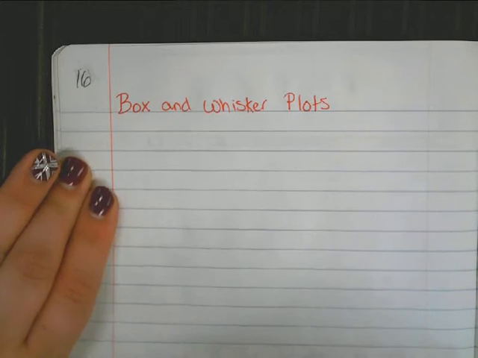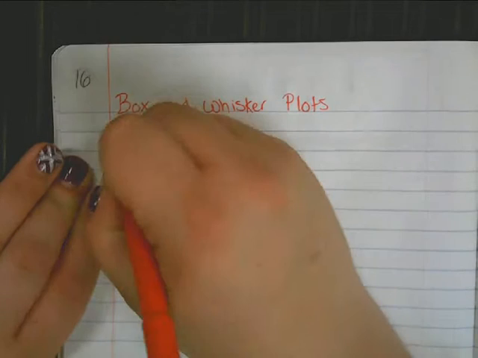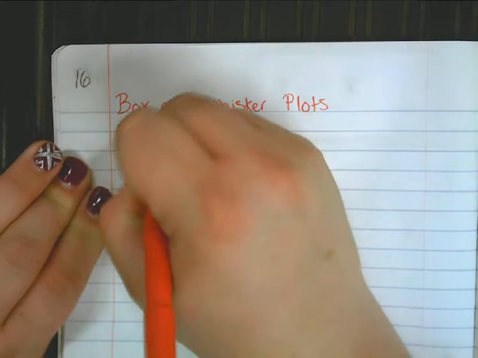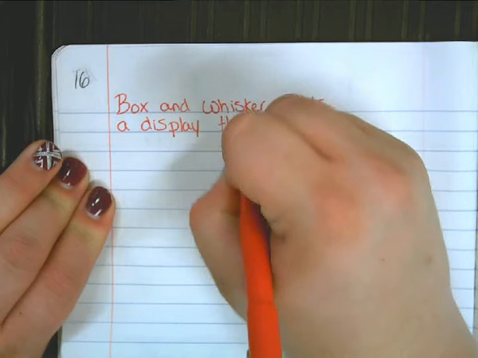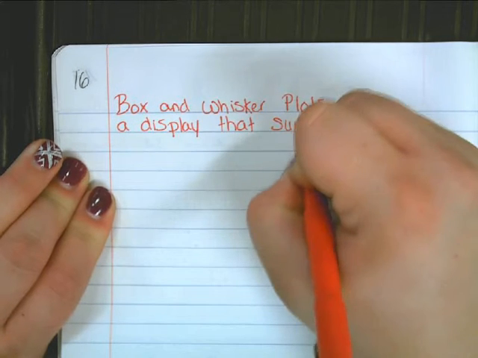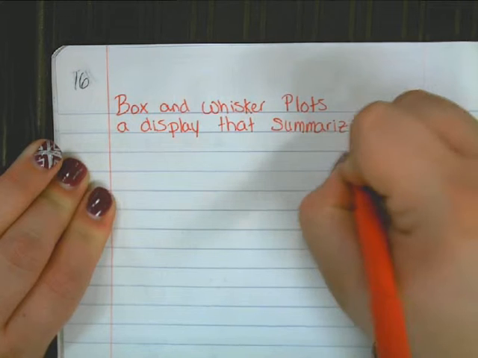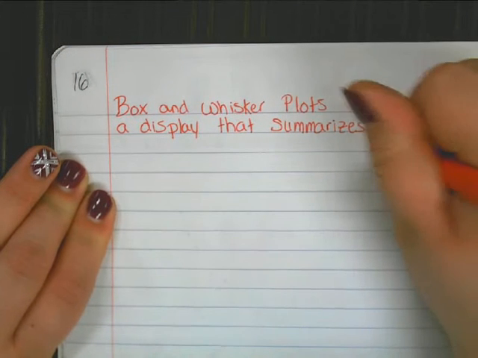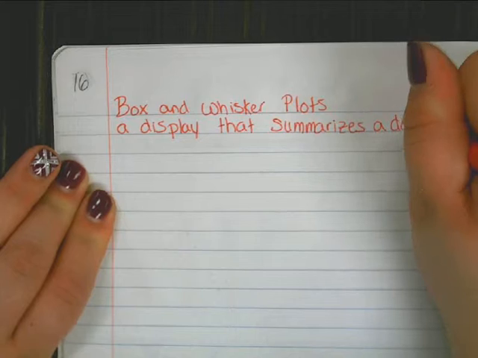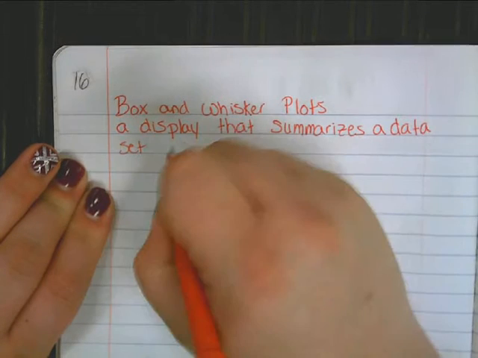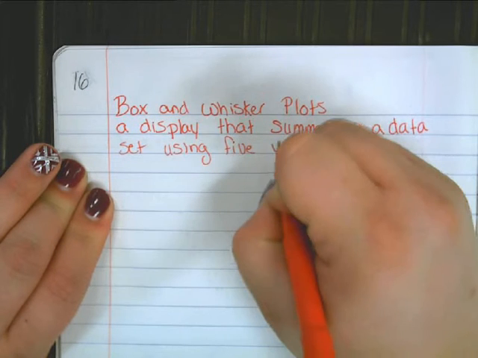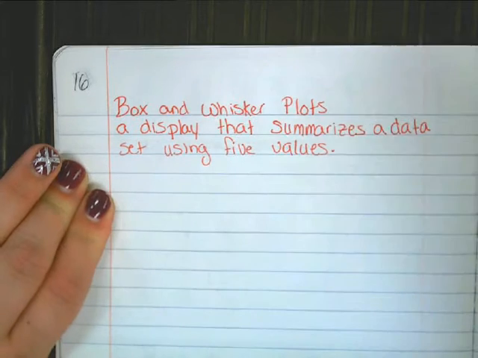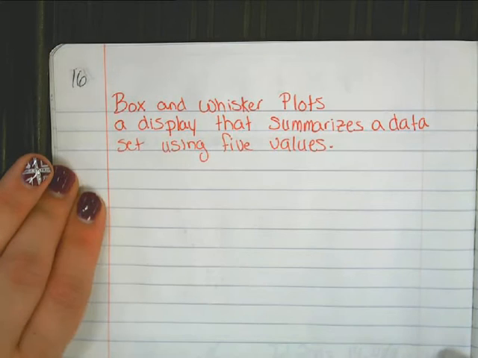So when we're talking about box and whisker plots, a box and whisker plot is a display that summarizes a data set using 5 values.